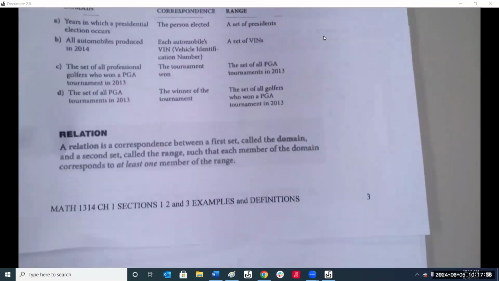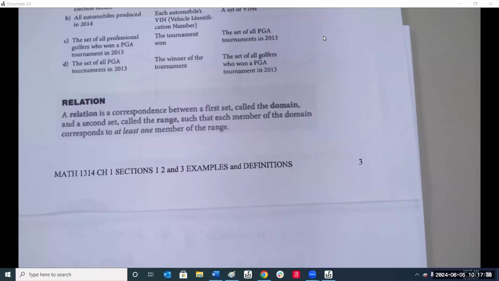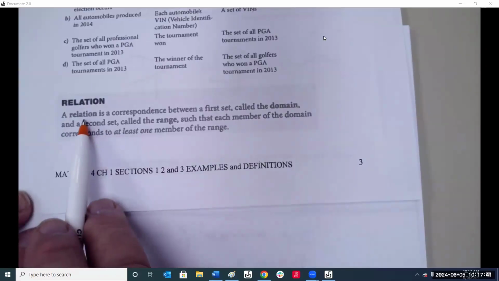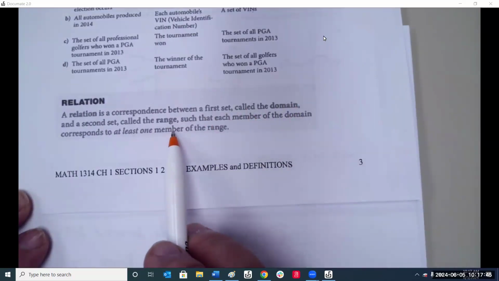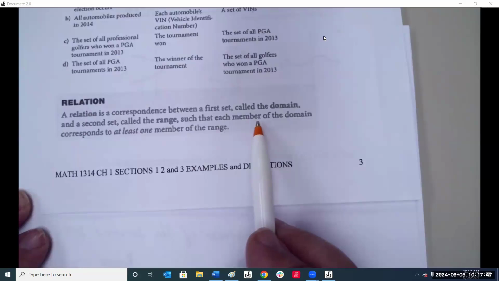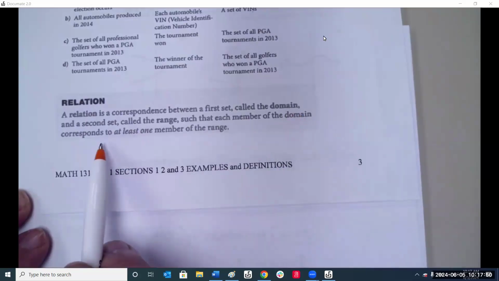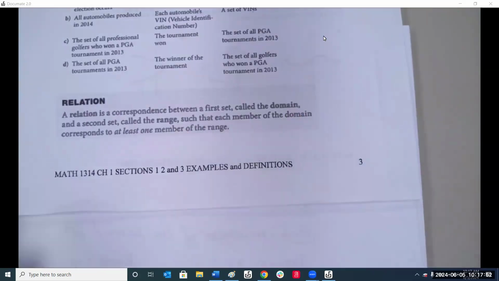So now look at the next one, relation. A relation is a correspondence between the first set, the domain, and a second set, such that each member of the domain corresponds to at least one member of the range.